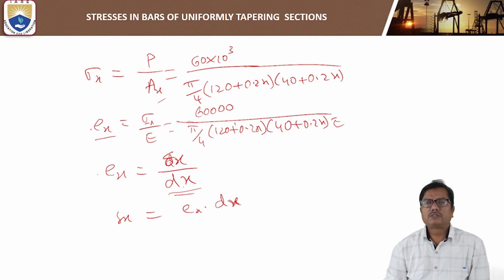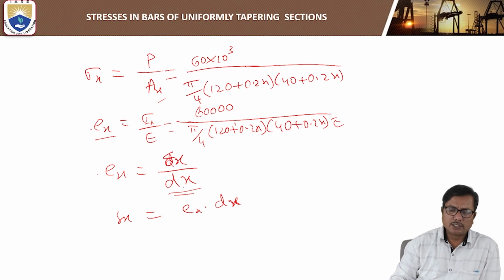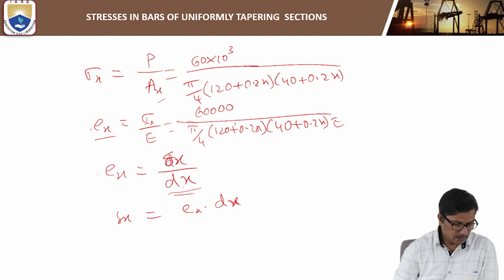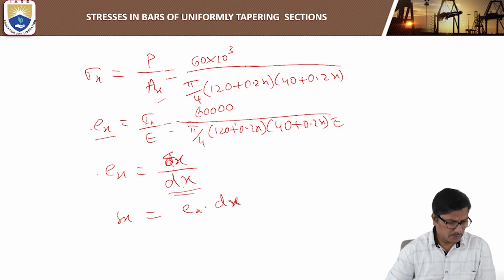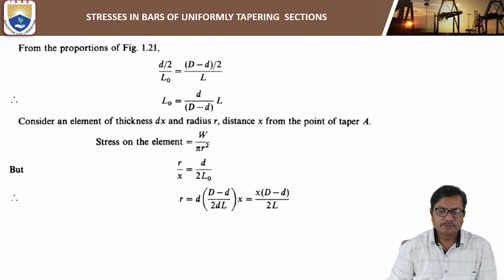The total change in length is obtained by integrating this between the limits 0 to 100. So for that, first you substitute the values here.